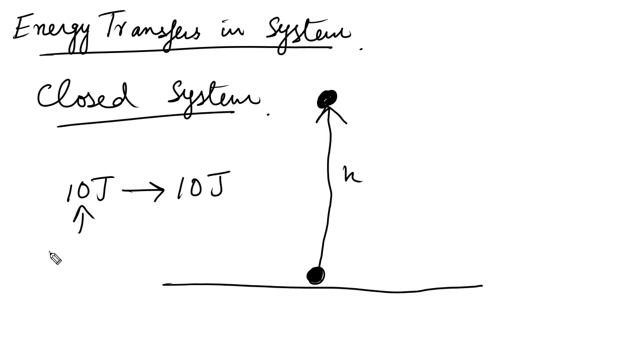This 10 joule is the work done onto the ball, and this whole work done has been converted into the gravitational potential energy. So this is called a closed system in which there is no energy transfer from within the system to the outside. So this is what a closed system is all about.